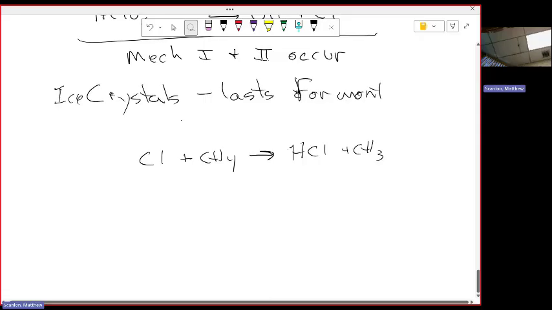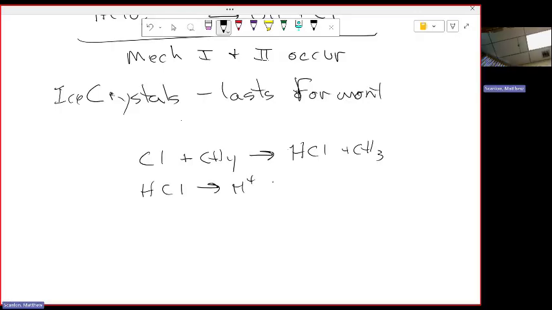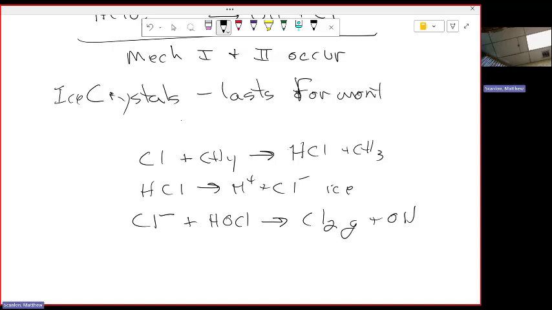Okay, and the HCl now, because we have ice, goes to H+ plus Cl- in the ice. And then Cl- plus HOCl gives us more chlorine gas. All this occurring in the stratosphere.